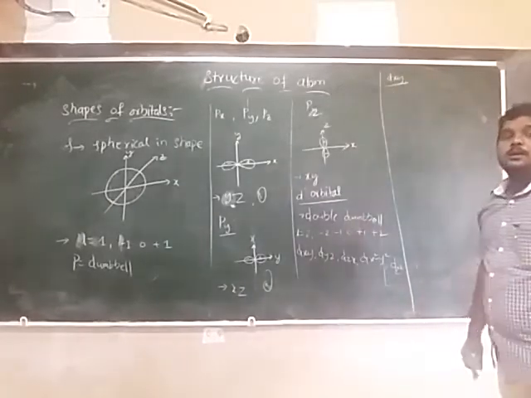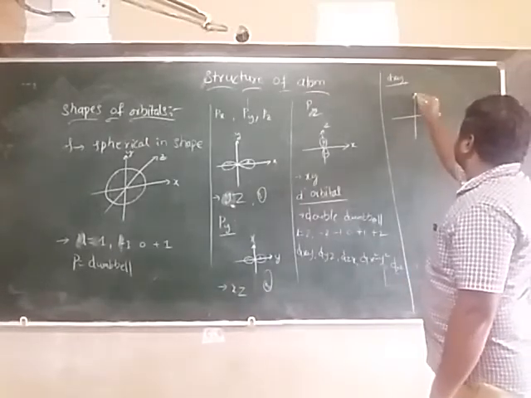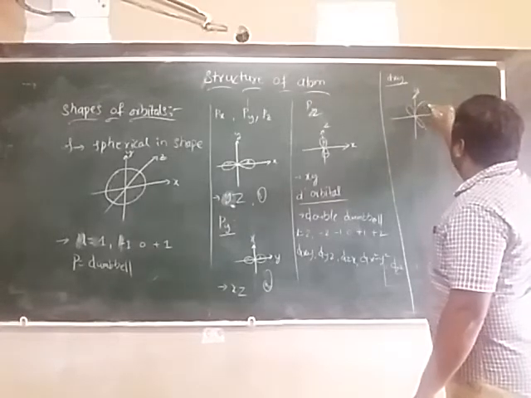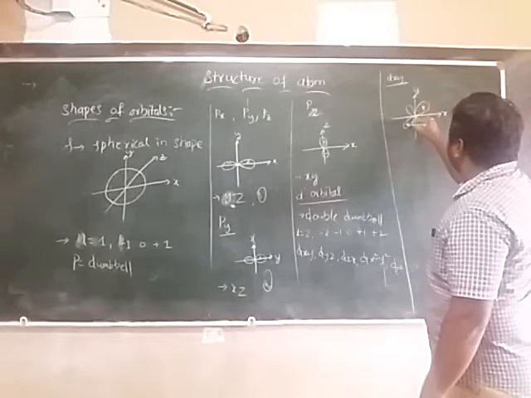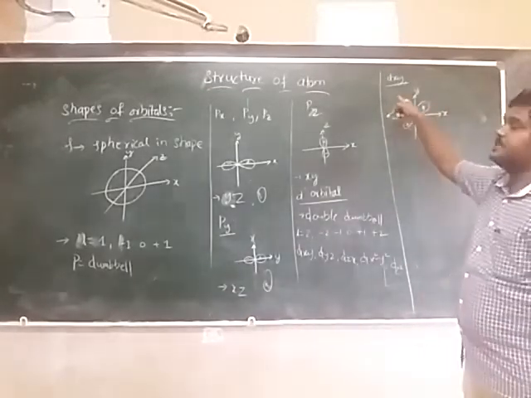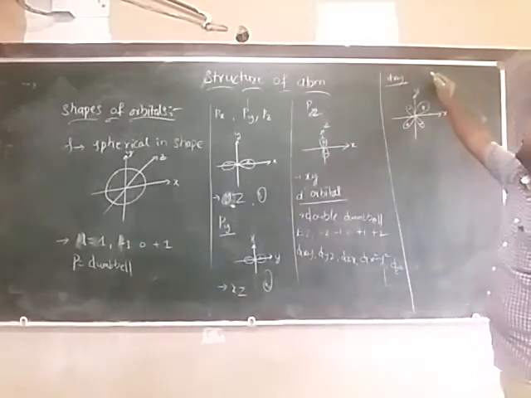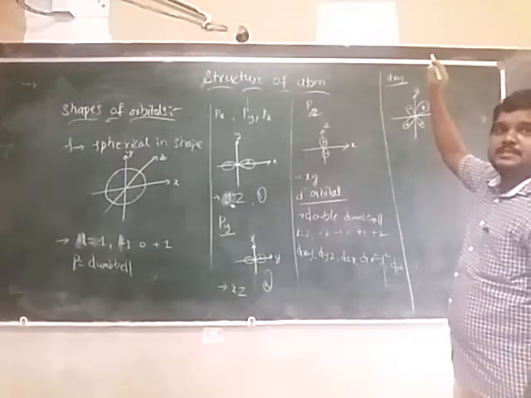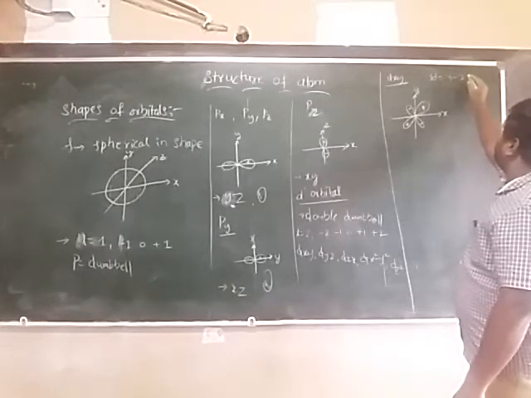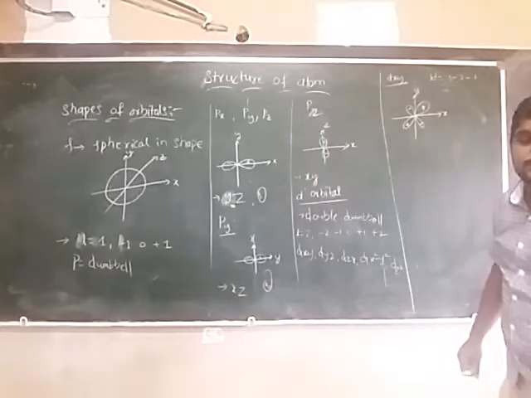So there are 4 lobes present in between the x and y axis. Is it clear? How many nodal planes may you expect? n minus l minus 1... For example, if you take 3d, how many nodal planes may you expect? 3 minus 2 minus 1, that is 0 radial nodes.